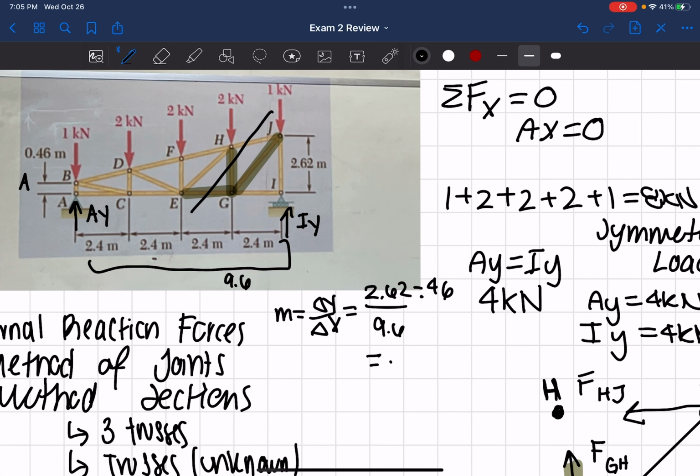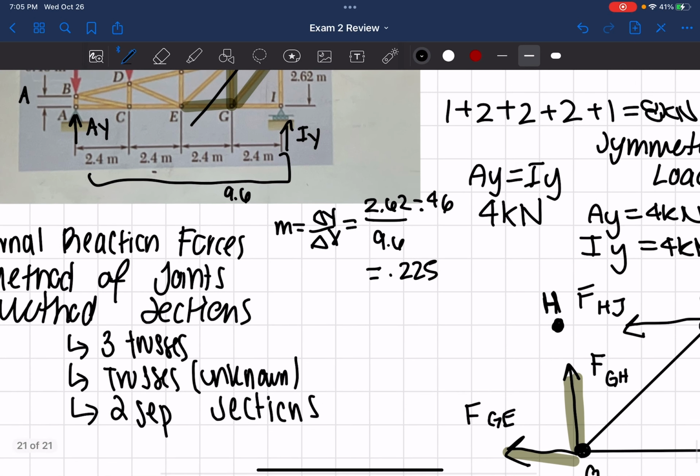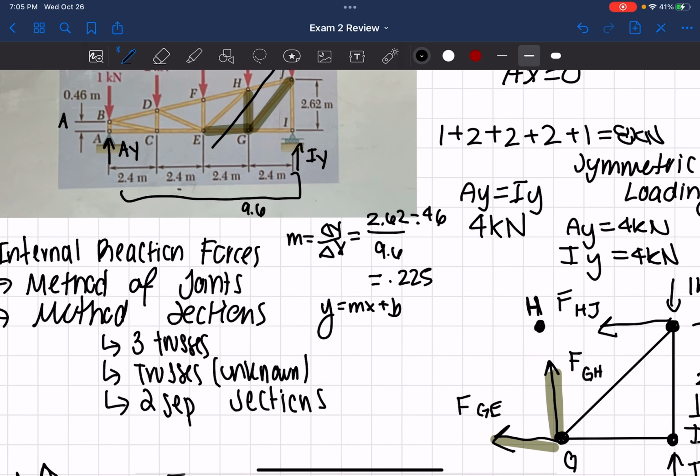And then we get 0.225, and basically think of our equation, y is equal to mx plus b, our typical slope equation. We're trying to find the distance 2.4 meters in, so like right here. So that's going to be 2.62 meters minus 9.6 meters minus 2.4.